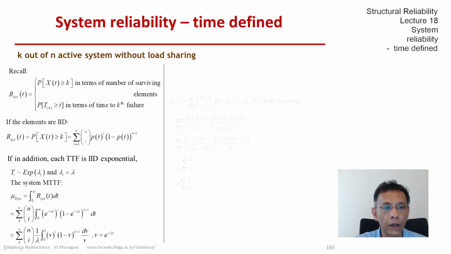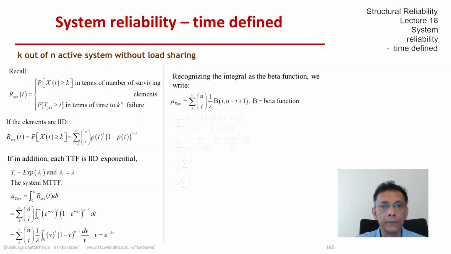It turns out that we come to a form which is the beta function, and the beta function is the ratio involving three gamma functions. So we have gamma i, gamma n plus 1 minus i, and gamma n plus 1 in the denominator, and the gamma function for integer values is nothing but the factorial.